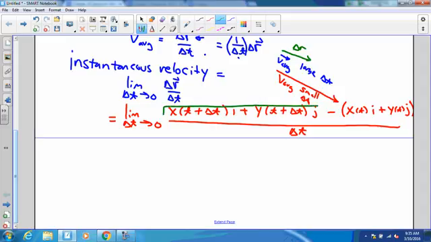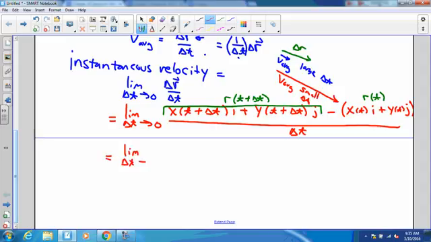Notice that what we have here, this fairly large expression, represents r of t plus delta t. And this expression right here, of course, is r of t.